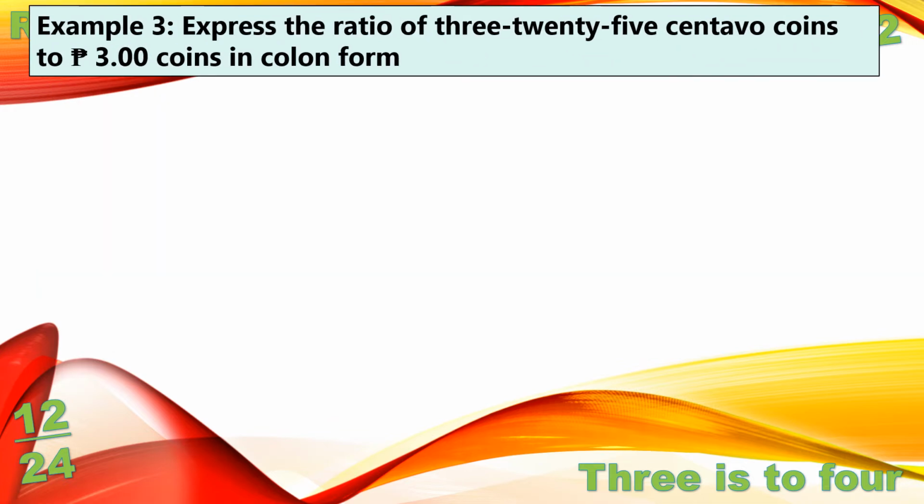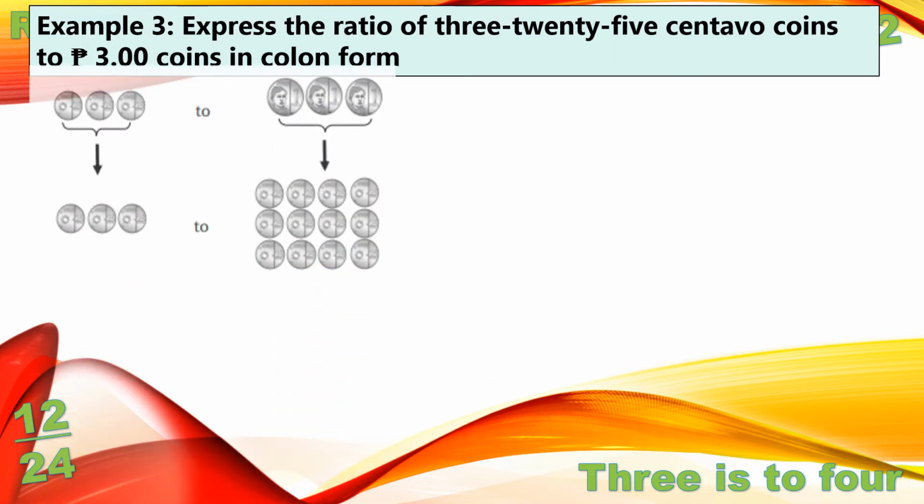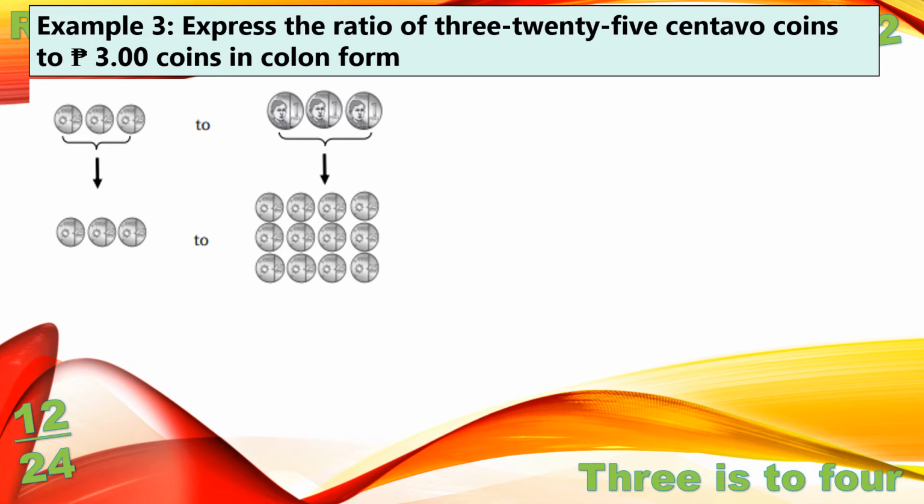Example number 3. Express the ratio of 3 25-centavo coins to 3 pesos coins in column form. So, this is the 3 centavo coin, and this is the 3 pesos.